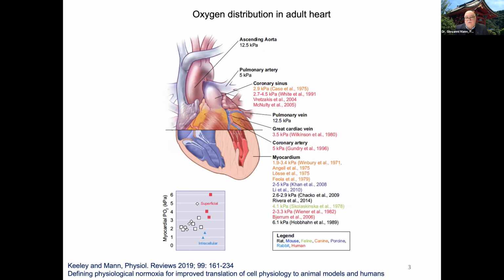That's this red artery here in the coronary artery. If we go to the myocardial tissue itself, in other words, this tissue here, and we look at the superficial layers, it's around 5, and the intracellular levels in an active myocardium, the blue, can be as low as 1.